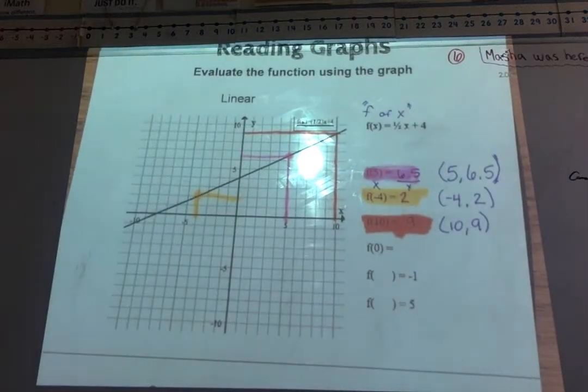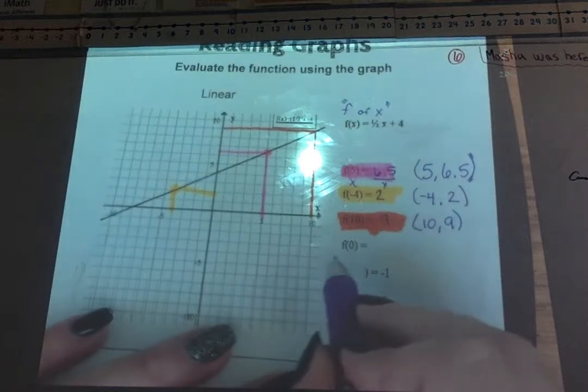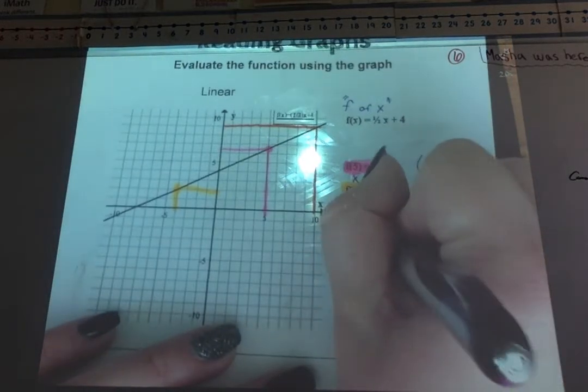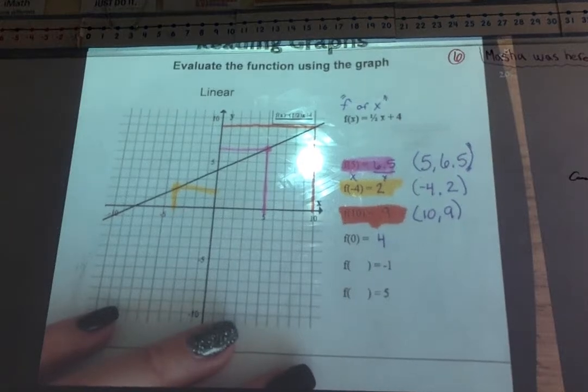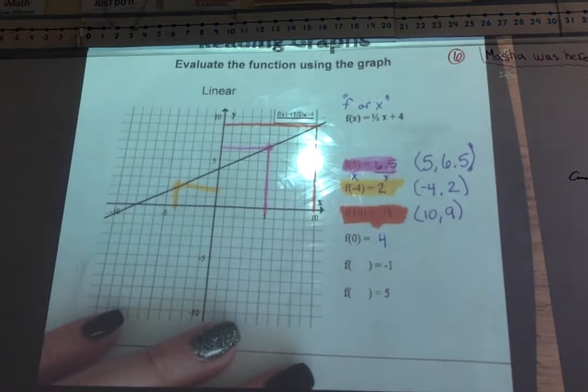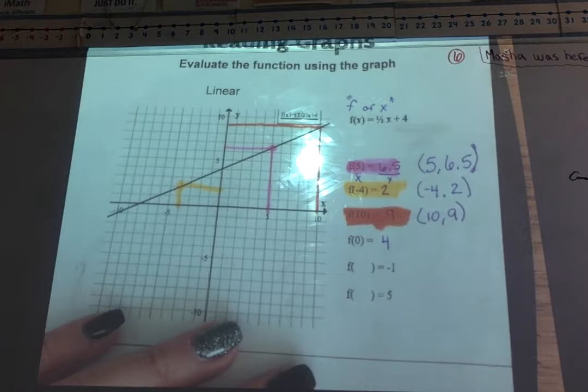Alright, actually we said f of 0 was equal to what? 4. Now instead of having the x value be given, now we have the y value be given. So instead of starting at the x-axis, where are we starting?